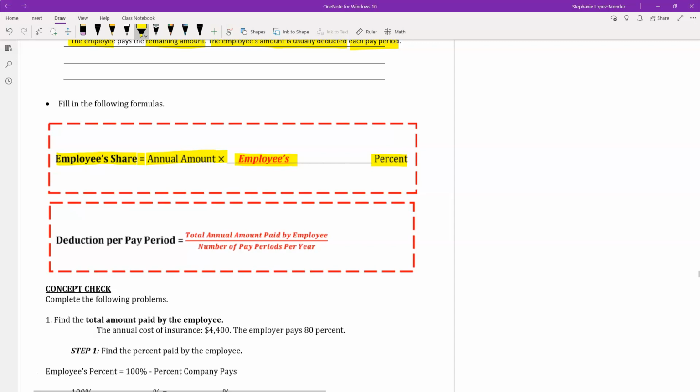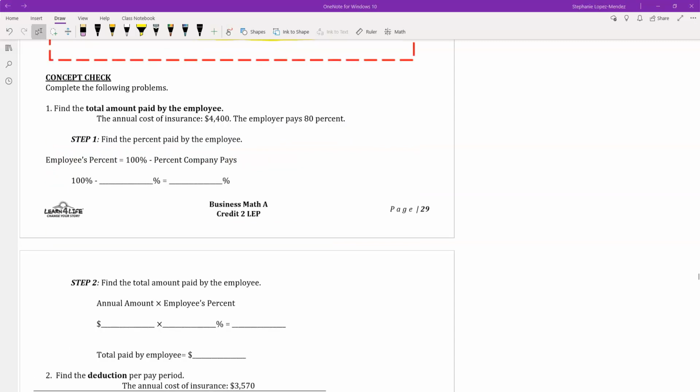The second formula is: deduction per pay period equals the total annual amount paid by the employee divided by the number of pay periods per year. This formula is for knowing how much I will have to pay as an employee to my insurance per pay period, or every time that I get paid.